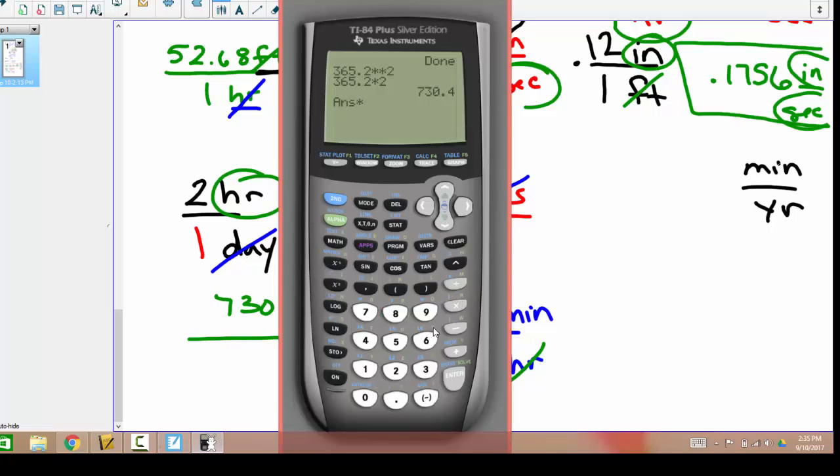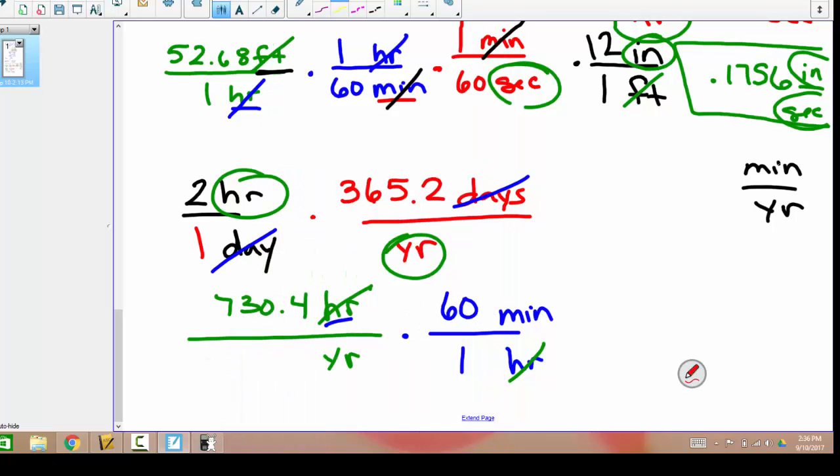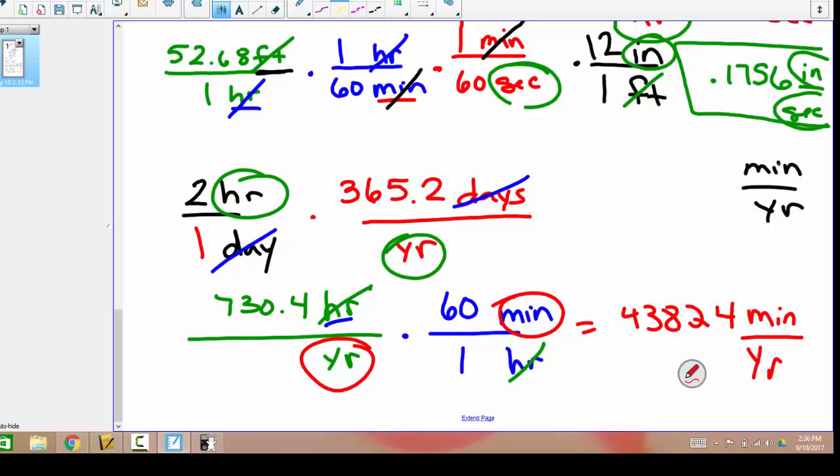So times 60 is 43,824. And then the units are minutes over years, just like the initial question asked.